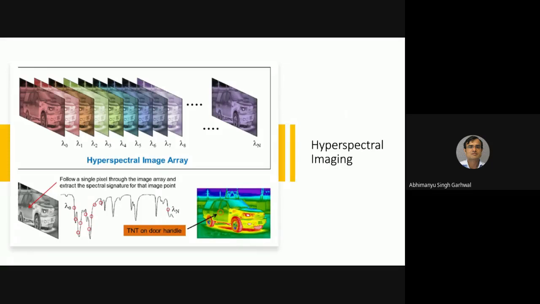Suppose there is some TNT explosive on a door handle. From the spectral analysis, the spectral signature of the TNT, you can identify that yes, the door has some TNT on it.